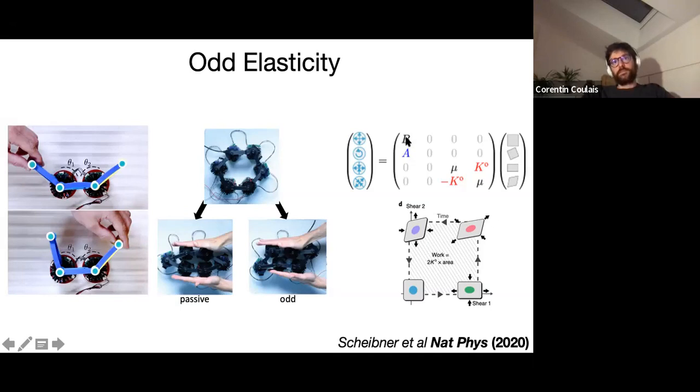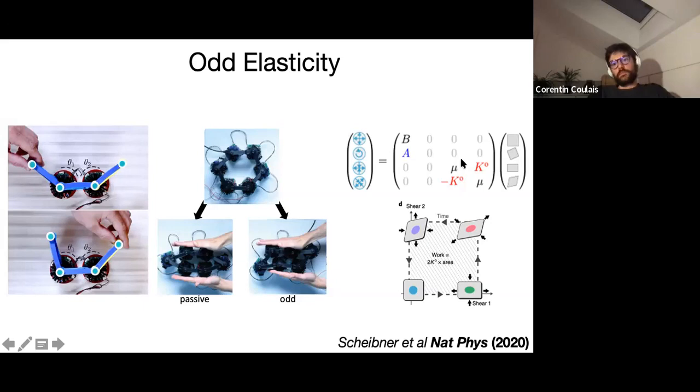What we do, we work in the limit where the B is much bigger than this. So we work in an incompressible limit where this doesn't matter at the end. But generically, for any mechanical experiment you would do, you would have to consider a combination of these strains and a combination of those moduli.